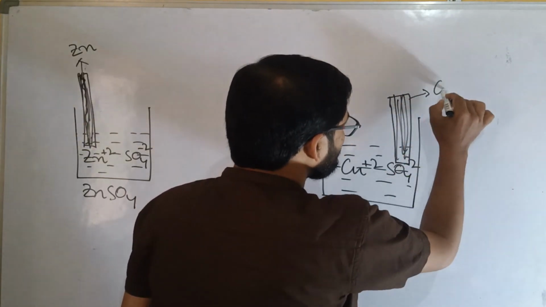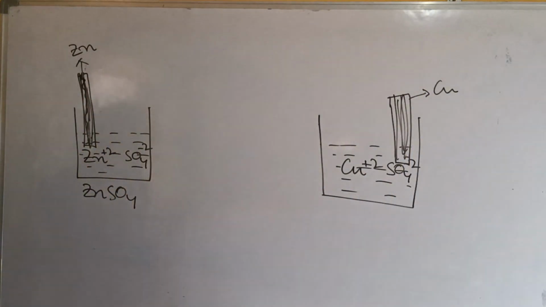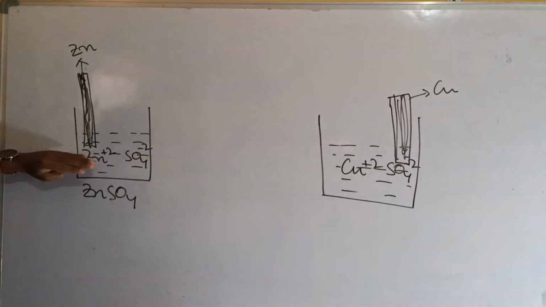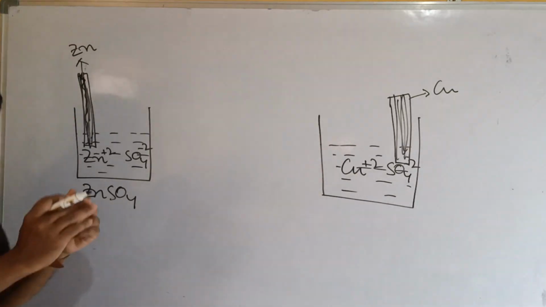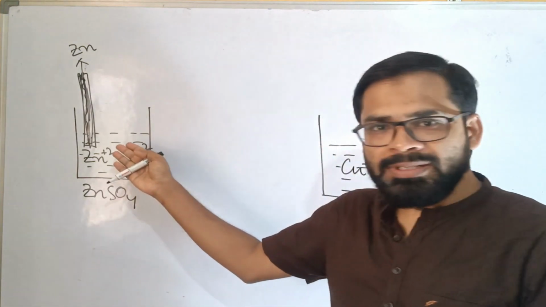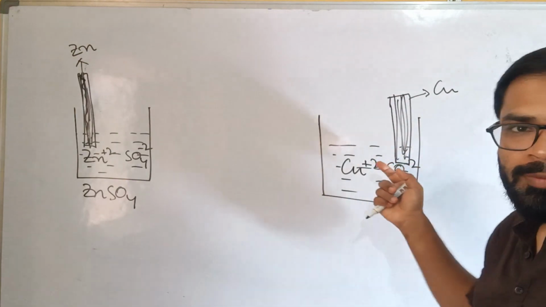Now, in the ZnSO4 solution, if I dip the zinc electrode, will there be any electrode potential difference? No. Here also there is no electrode potential difference.